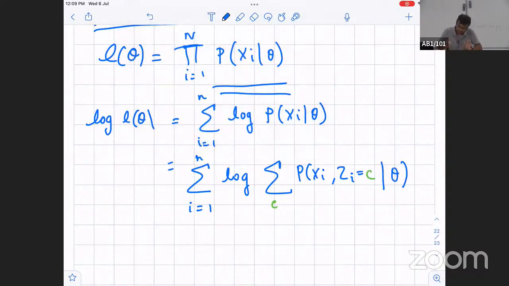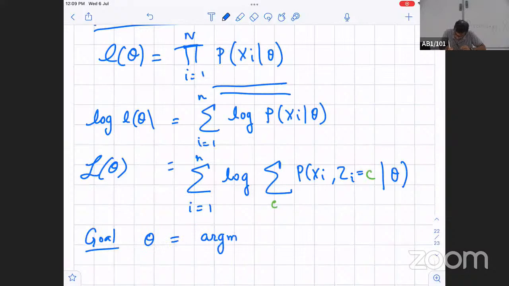We will say this is L of theta, the log likelihood, and we will write it like this. The goal is to choose theta such that theta is equal to argmax of L of theta.